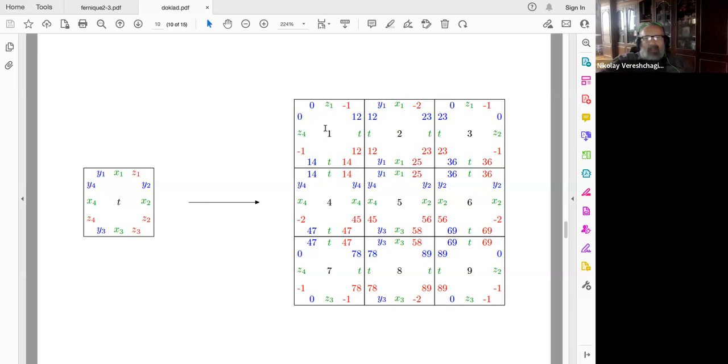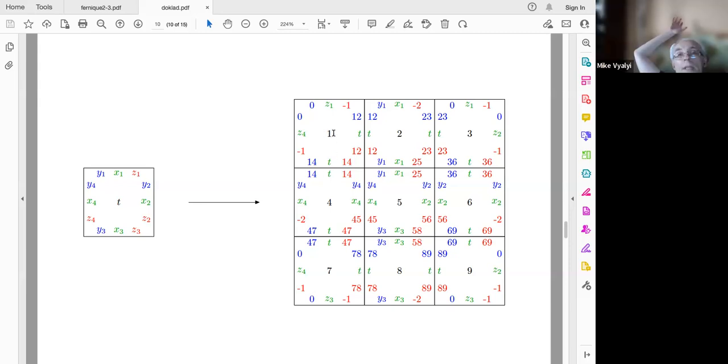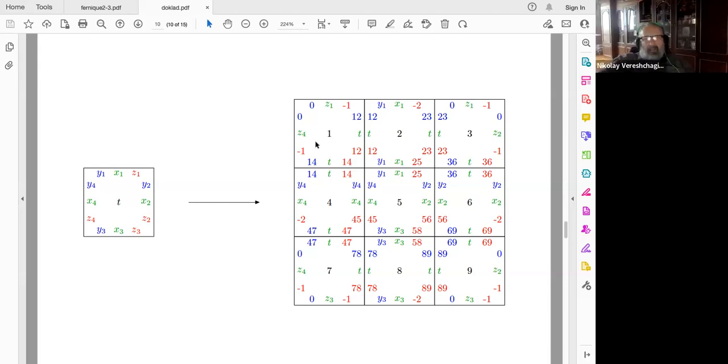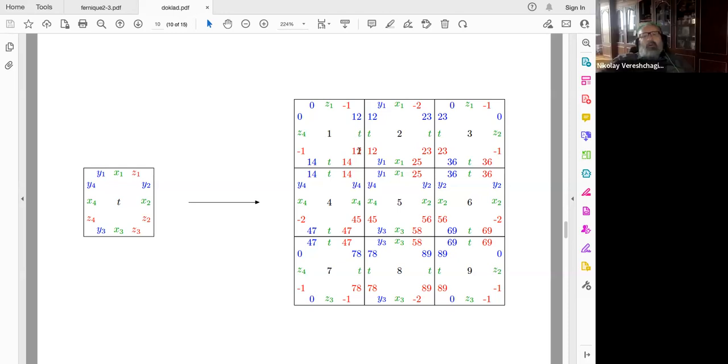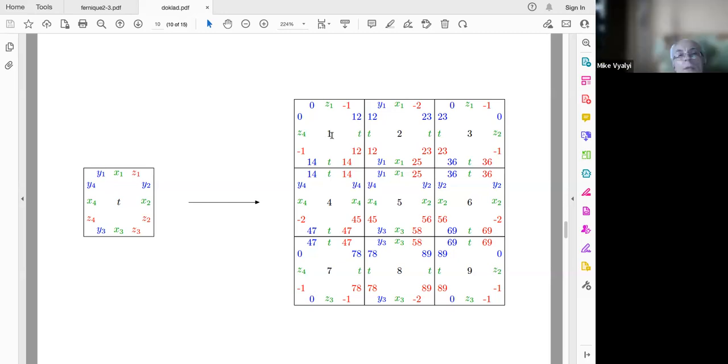Misha, you see how to distinguish 1 from 4? By what side? Right side? Some side. Take the right side. We have red 12 and... no, you can't use red indices. Only blue. Then we have 14 and 47 on the bottom.